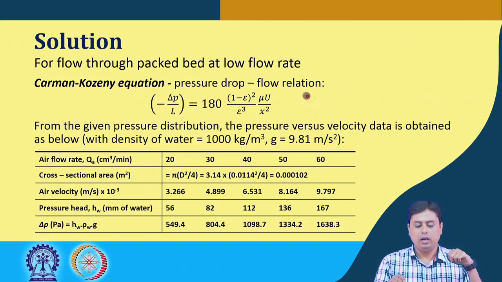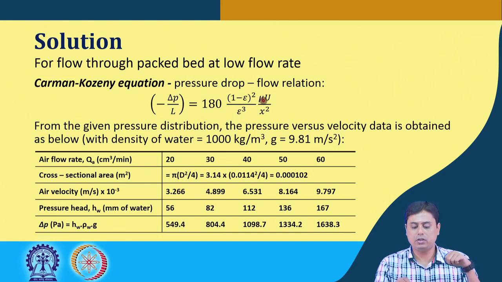This U, let me come to it later. So this mu, which is the viscosity of air, is also a given value. Epsilon is called the bed voidage or the porosity of the bed.